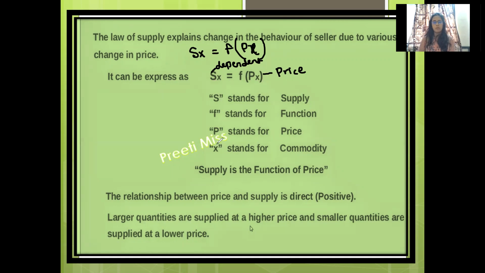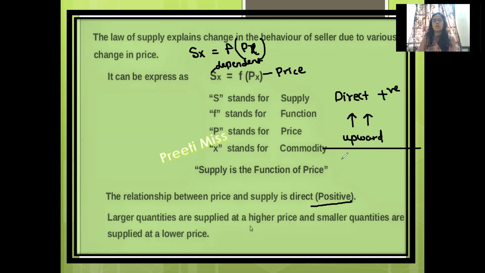So we are going to write this in long form. Remember, whenever they say direct relationship, that is positive. Why positive? Because arrows move in the same direction and the diagram will be upward.